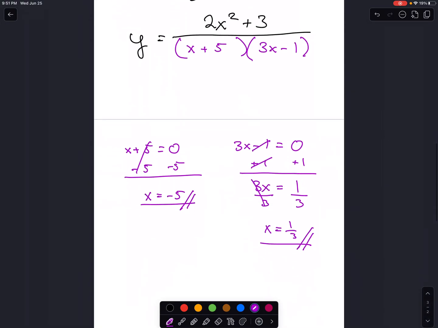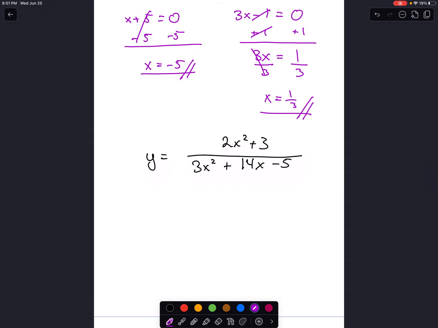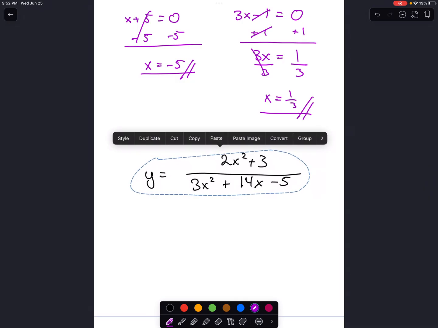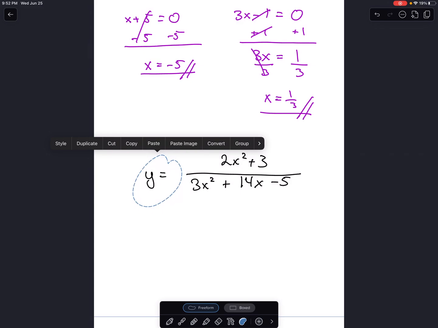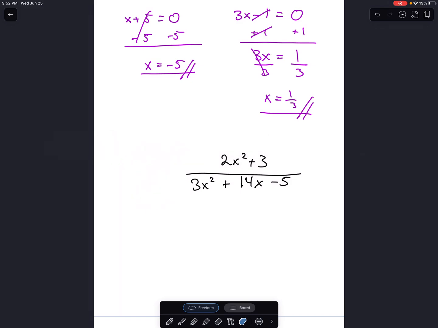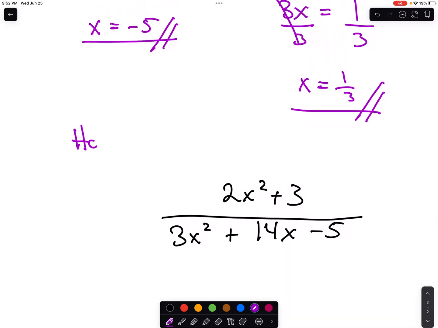So let's do this. Let me paste. And I'm going to get rid of this. All right, so for the horizontal, I'll just abbreviate it as the horizontal asymptote.